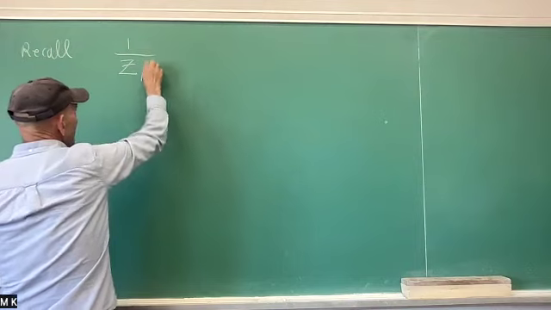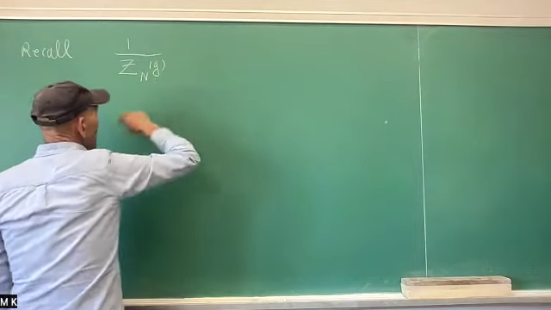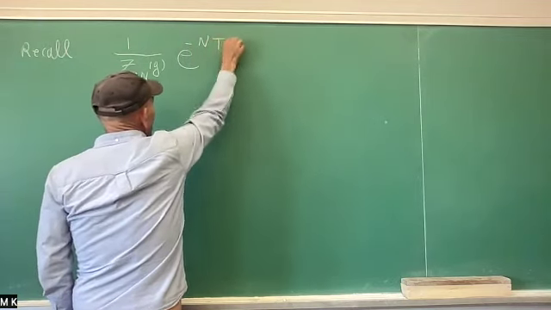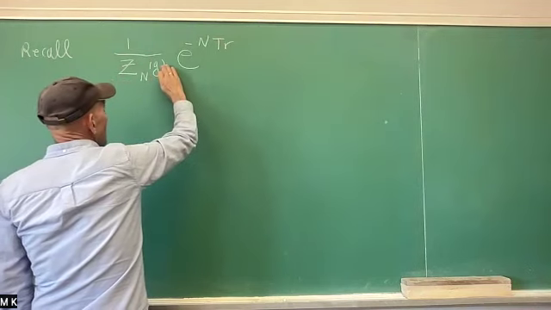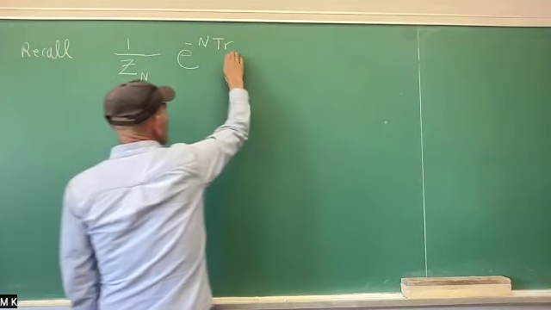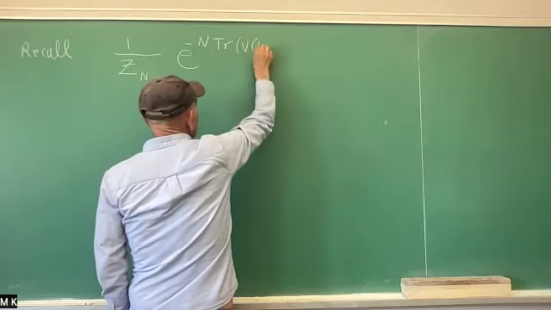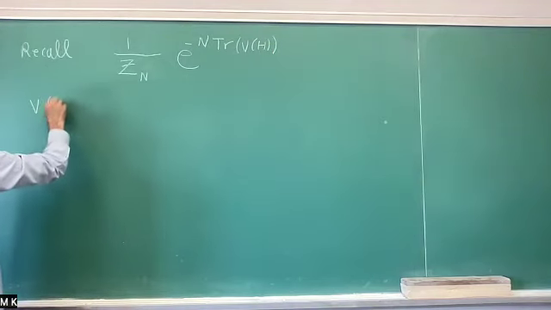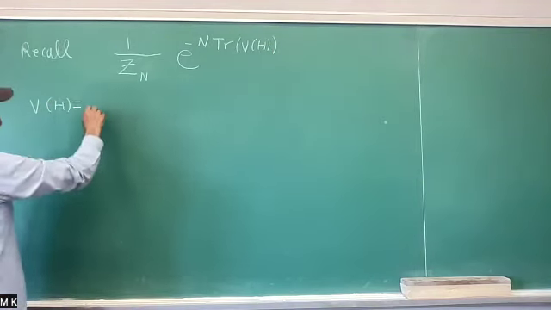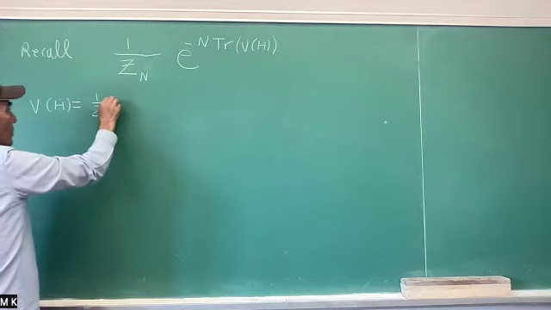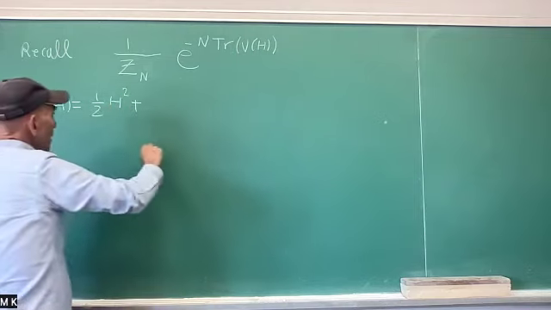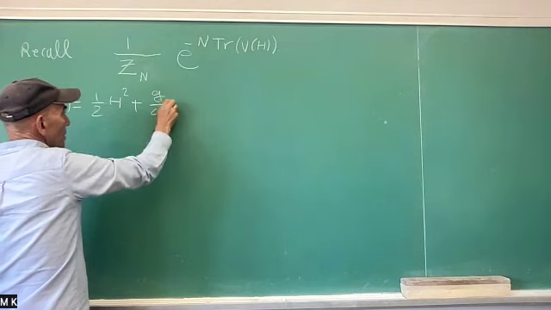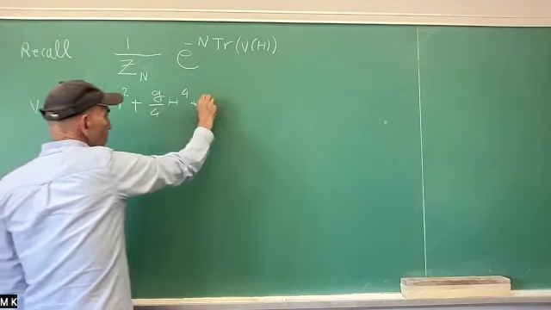So maybe I put Zn of G exponential of minus n trace of B of H, where B of H is something like 1/2 H squared. And then you can have plus G over 4 H4 plus some higher order terms.